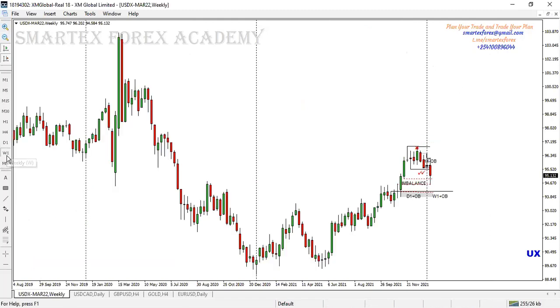The reason for the up move is that you can see the order flow is bullish. Therefore, we expected just a correction of price to seek internal liquidity before we proceed with the up move.